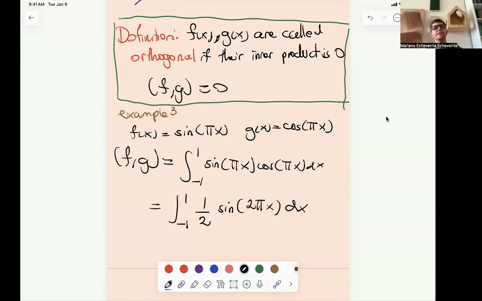And that is enough to say that the answer is zero, because sine is an odd function on this interval, so it would give you zero just because of that.